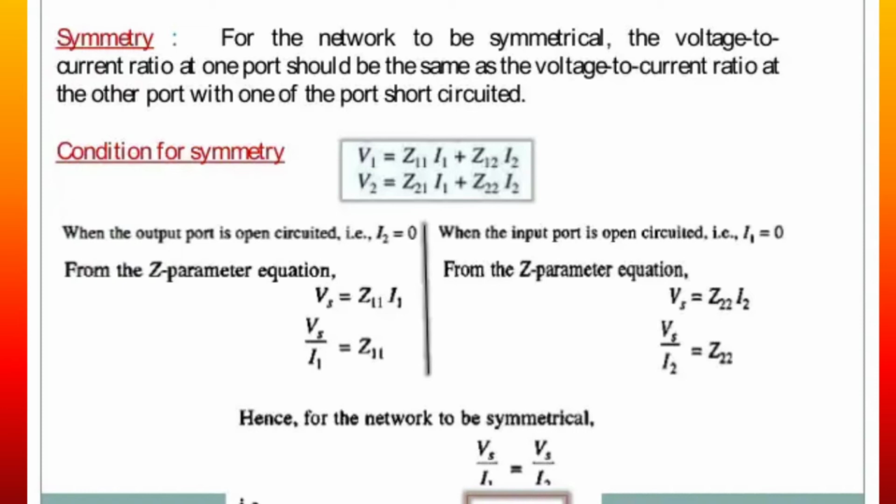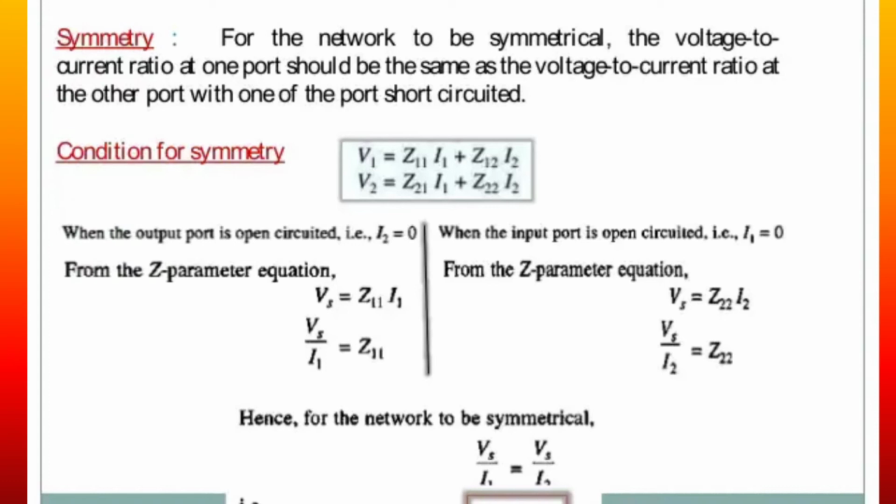So for the condition for symmetry, we have to obtain that. We know that V1 equals Z11 I1 plus Z12 I2, and V2 equals Z21 I1 plus Z22 I2. When the output port is open circuit, I2 equals 0. Suppose we take the input as Vs, then Vs equals Z11 I1, so Vs by I1 is Z11.